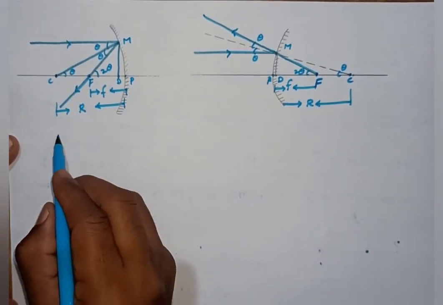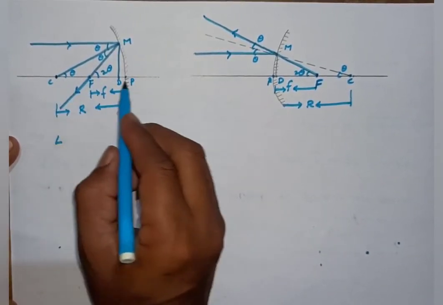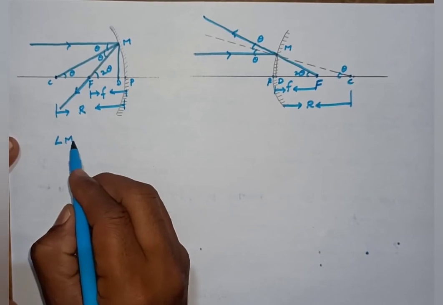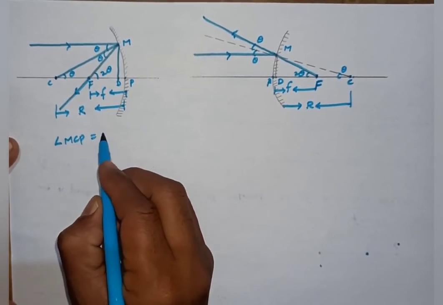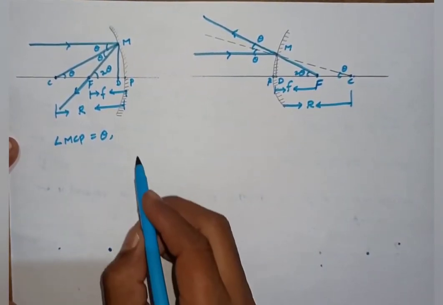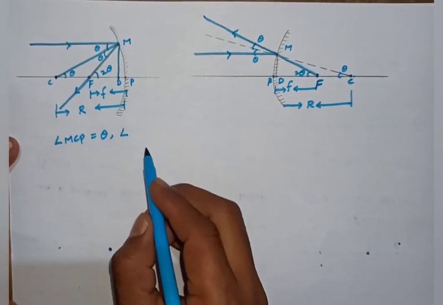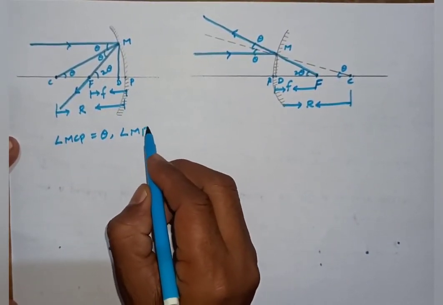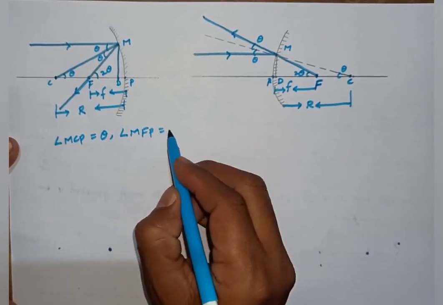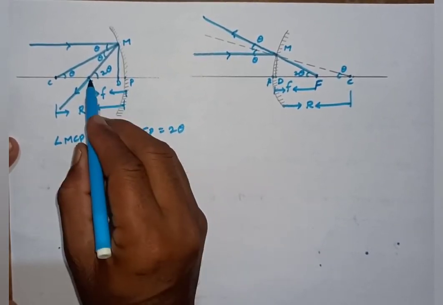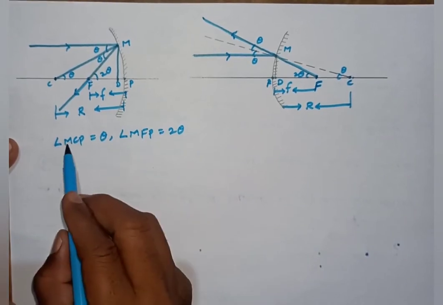So the angle MCP equals theta. Here also the angle MFP is 2 theta. Here 2 theta, here theta.